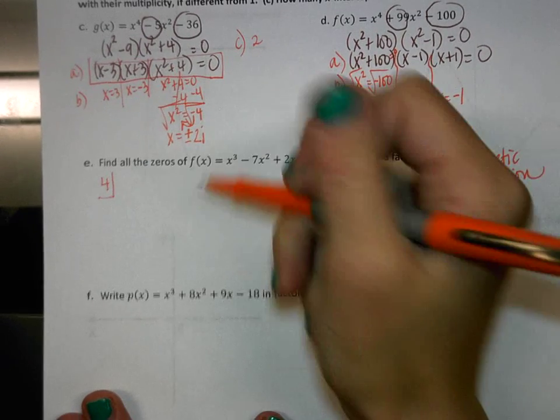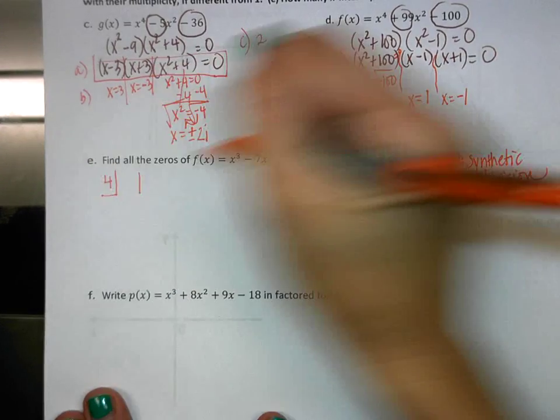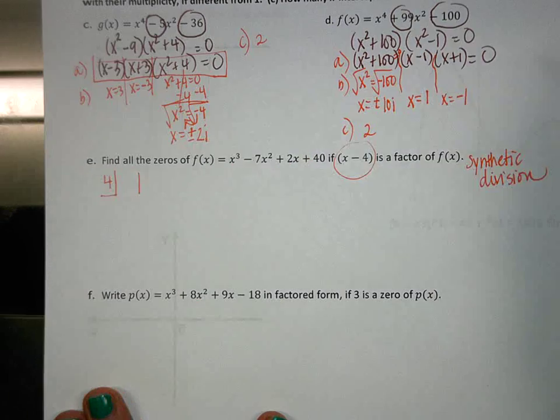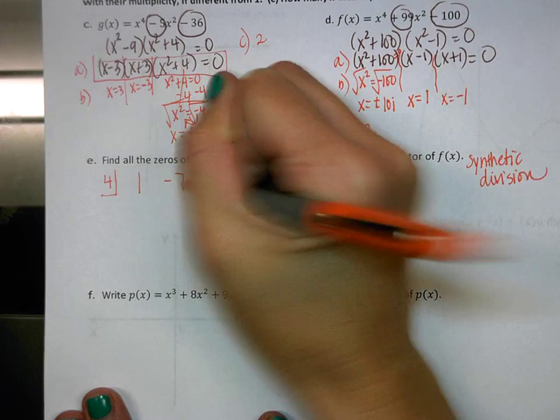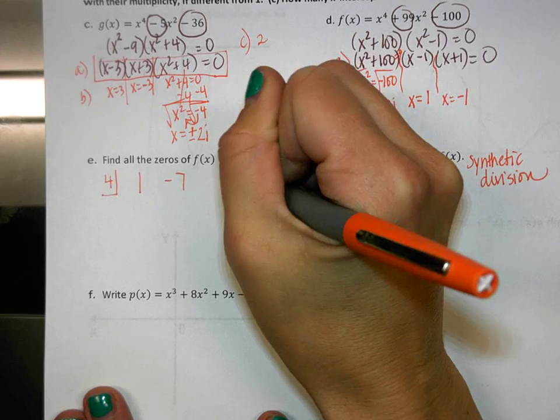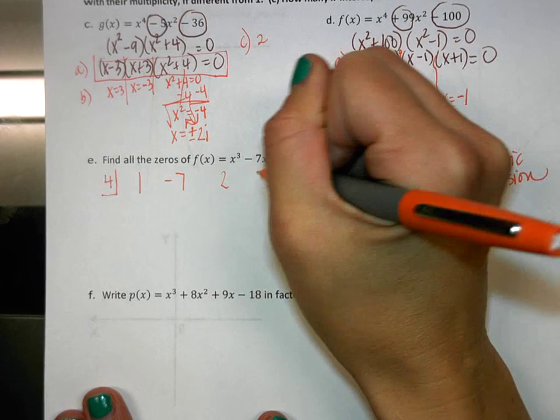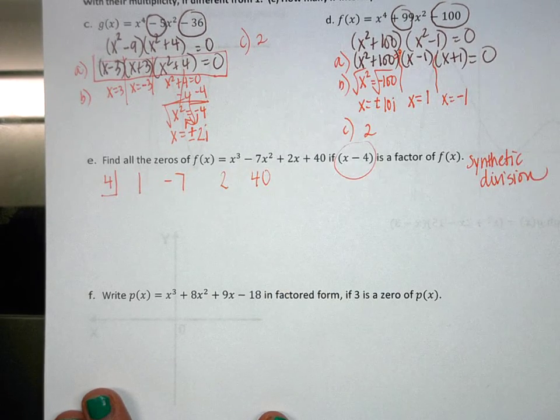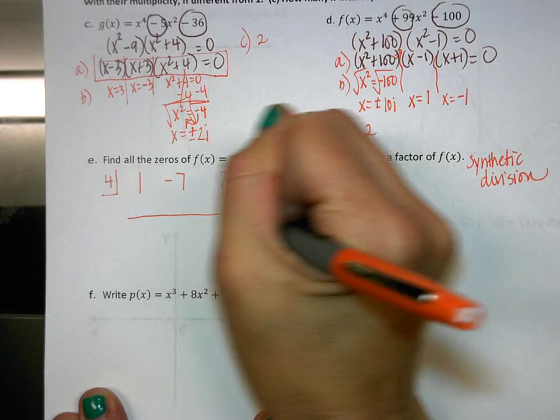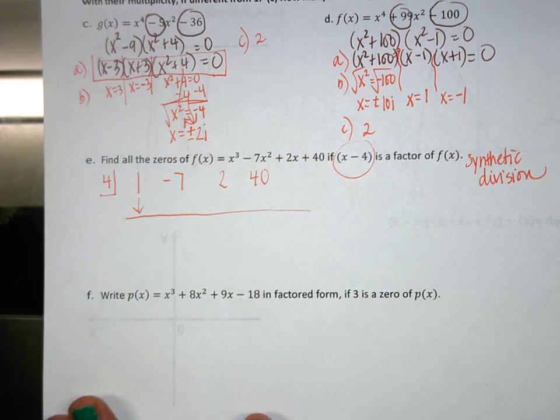So the numbers I would write would be 1, and then what? Negative 7, 2, and 40. Remember we draw a line and bring our first number down, which is a 1.